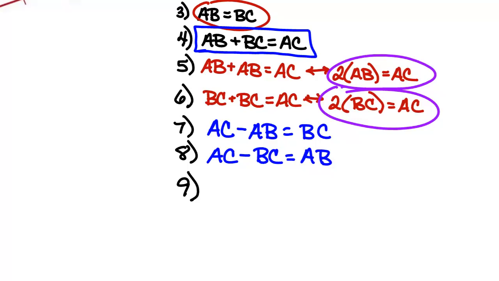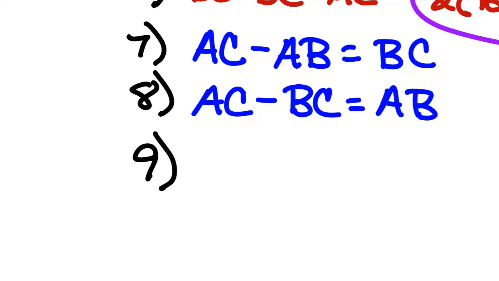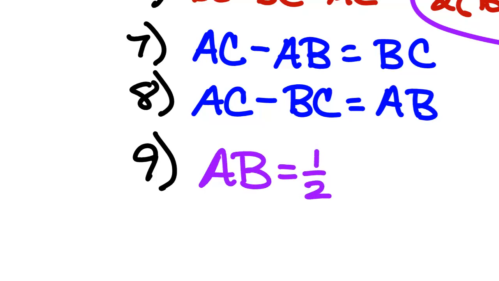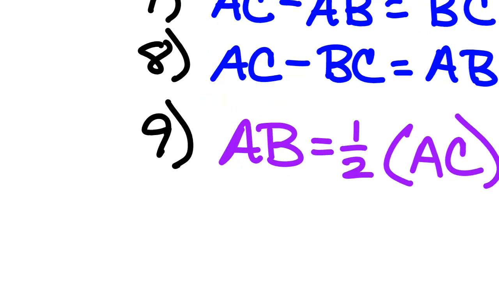Would I still double the big piece to get the little piece? What would I need to do with that big piece if I wanted to know the size of the little one? Divide it by 2. So AB is half of AC. When I put the 1/2 out in front, that's exactly the same as dividing it by 2.